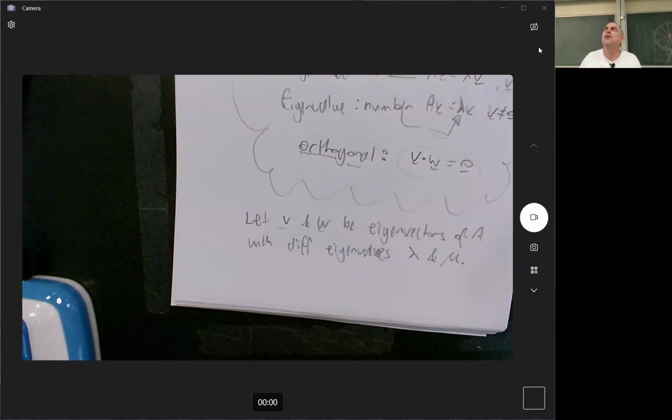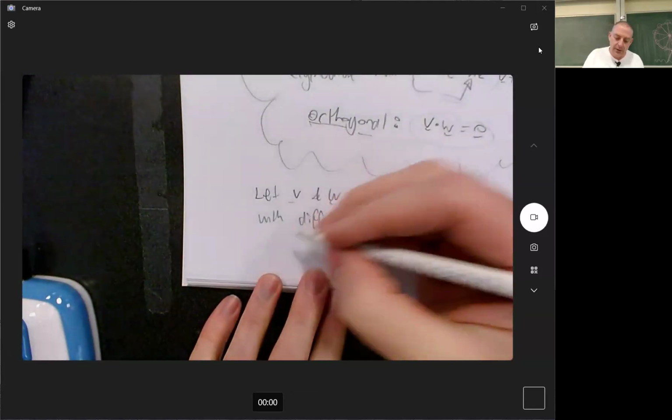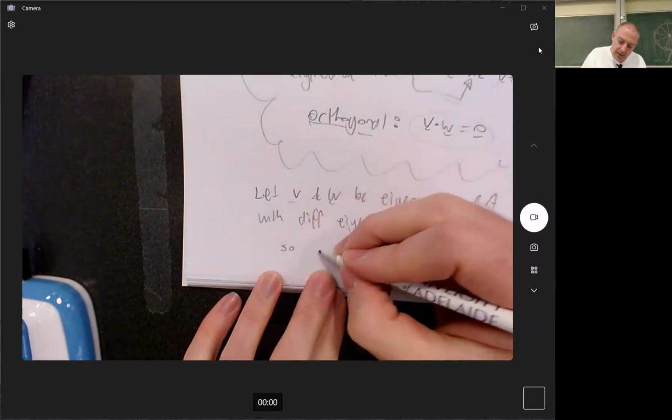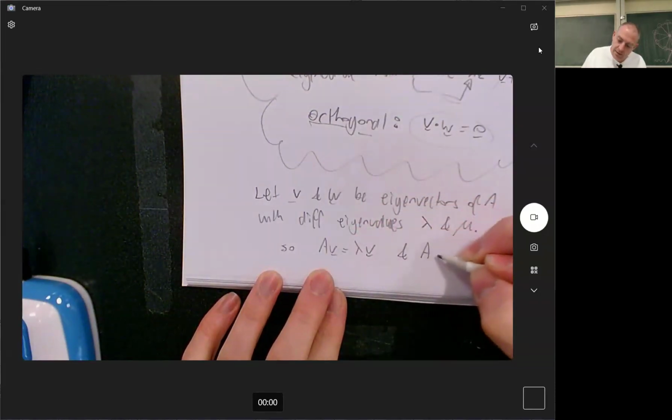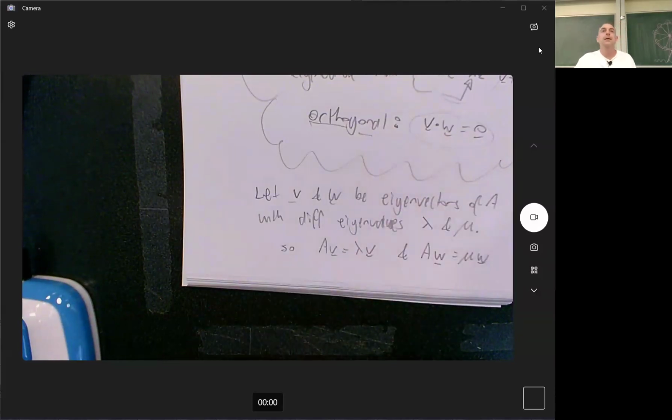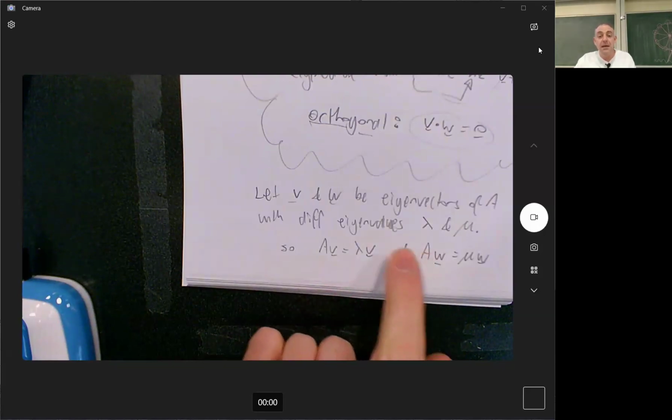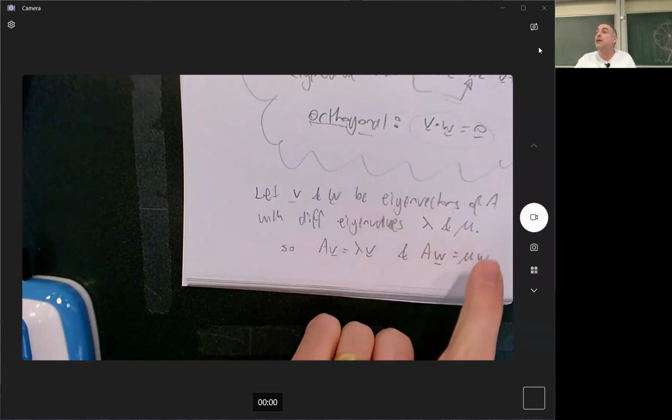They might not be in that order in the Greek alphabet though, but they are in the English alphabet. Okay, so cool. And so the thing we know for sure is that AV is lambda V and AW is mu W, because that's the definition of what it means to be eigenvectors with those eigenvalues.